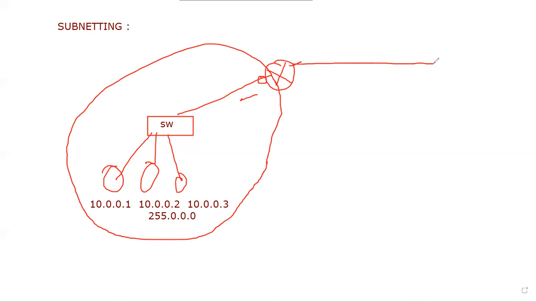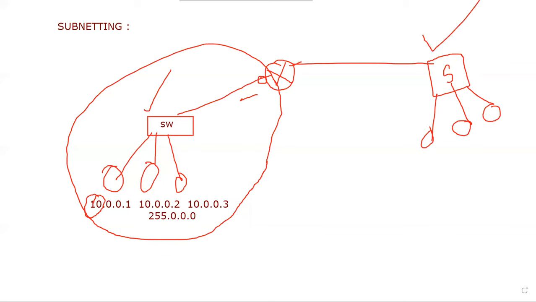So if we have to connect another switch with this, then what to do? We are not able to use the same network ID in another network because the router uses a different network ID. So if I'm not able to use that network in another network, then my IP addresses will be wasted. Then it will be wastage.